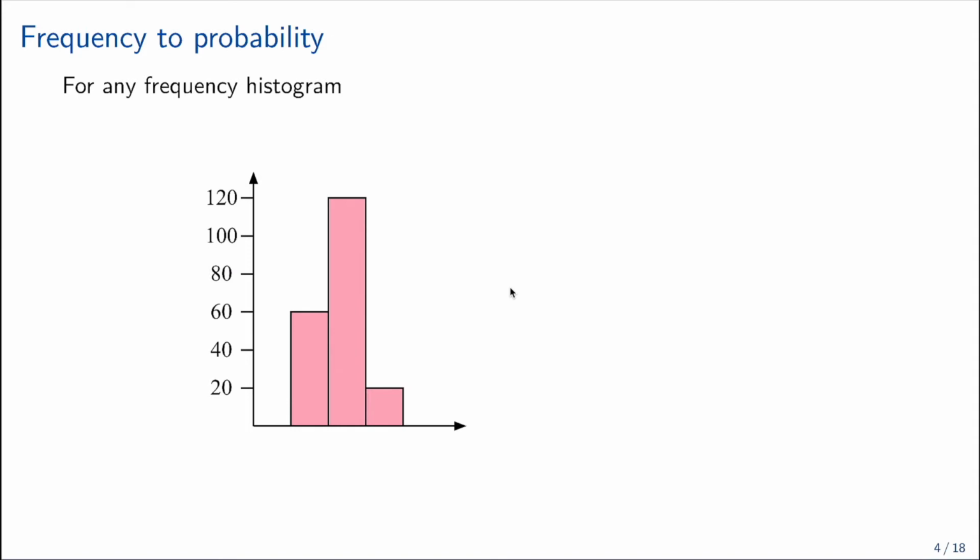Now, how do we convert a frequency diagram into a probability histogram? Let's consider this case in which we have 200 samples, n equal to 200, and the frequency of the first variable is 60. The frequency of the second variable is 100, and the frequency of the third variable is 20.